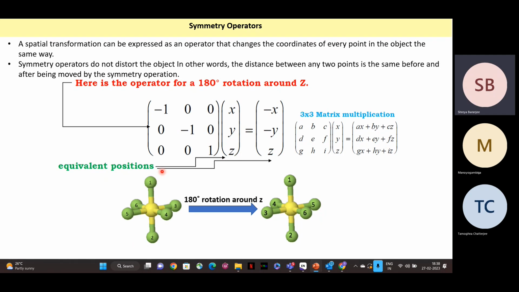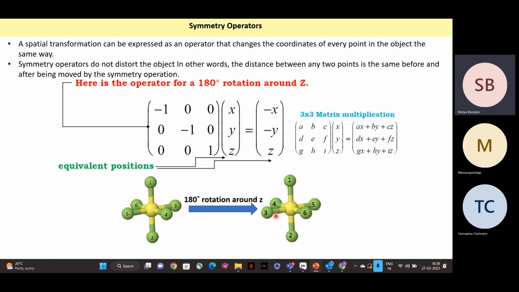So how can you represent that? By the coordinate system. If the coordinates of 3 are x, y, z, after this 180-degree rotation, it will become minus x, minus y, and z. So z remains the same because you can see 3 comes from here to here, so it is still in the same plane.